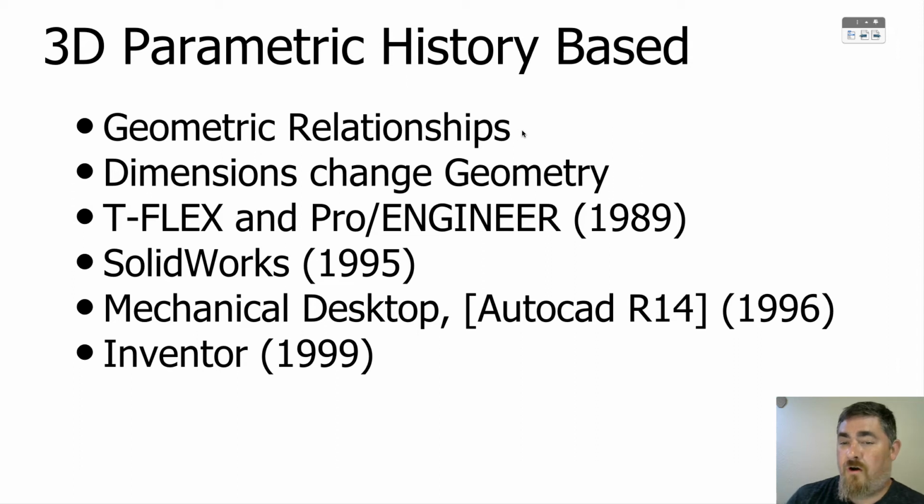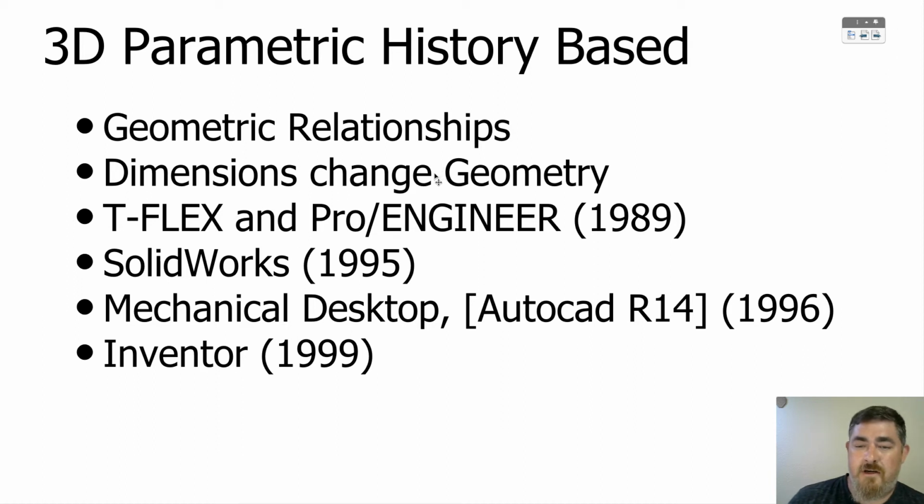And then once you draw the geometry, we can add a dimension to it, and the dimension will change the size of the geometry. So if we pick two lines and tell them to be parallel, then add a dimension between them and tell it to be a different number, it'll move the lines accordingly. Or if you click a line and just tell it a different length, it'll change that length, or the diameter of a circle, or things like that.